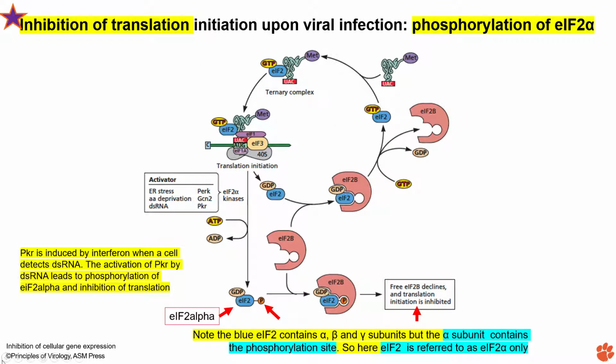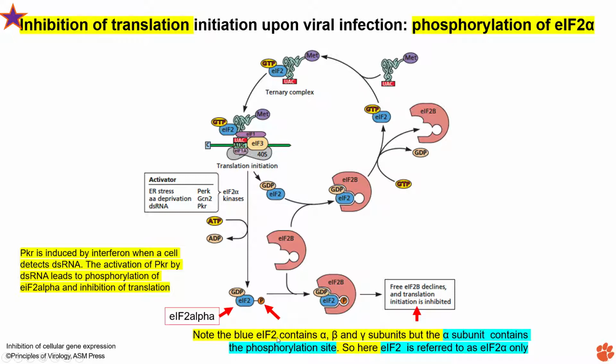All right. So right here, we are specifically asking about the inhibition of translation upon viral infection, and what happens is the phosphorylation of eIF2 alpha. See that the blue thing everywhere is eIF2, but here is the thing that you need to read.